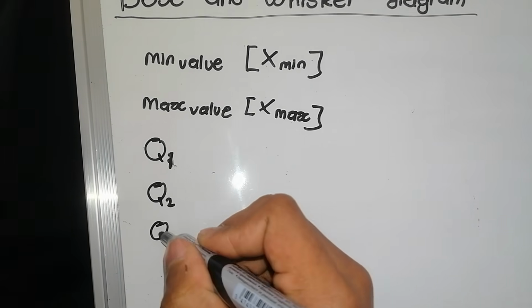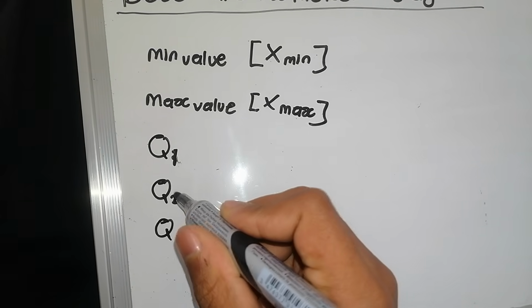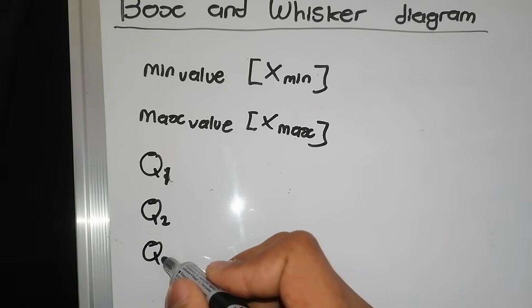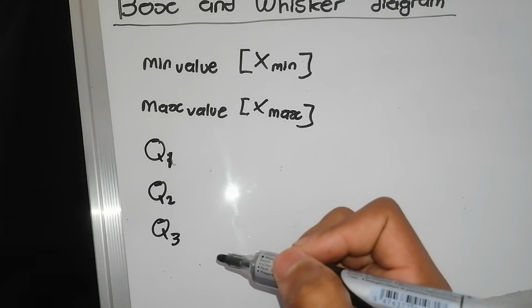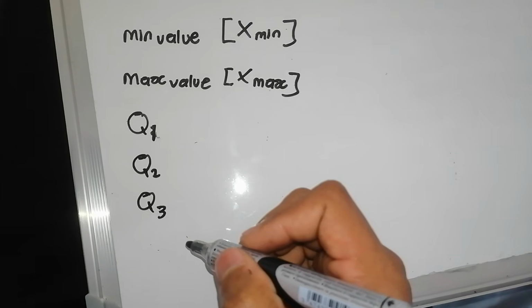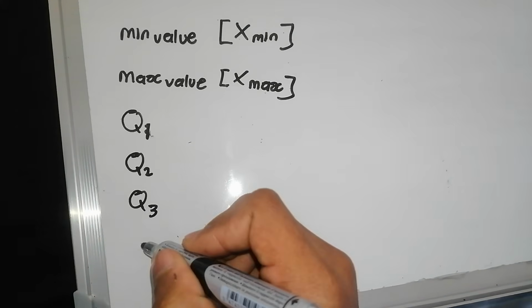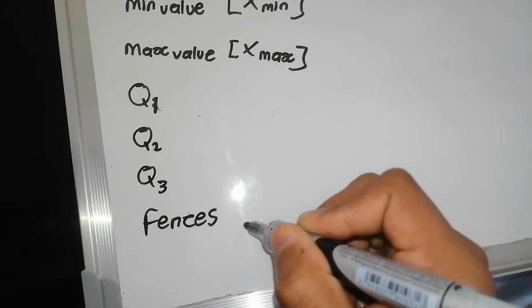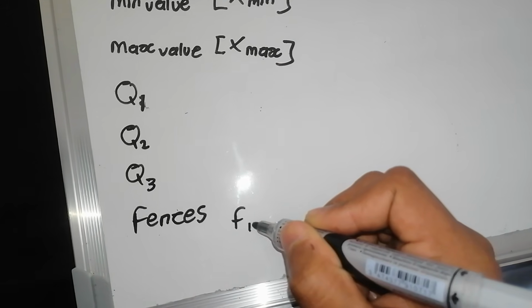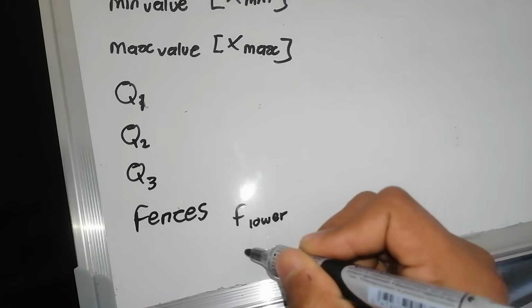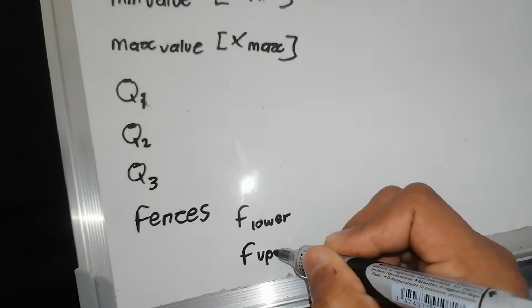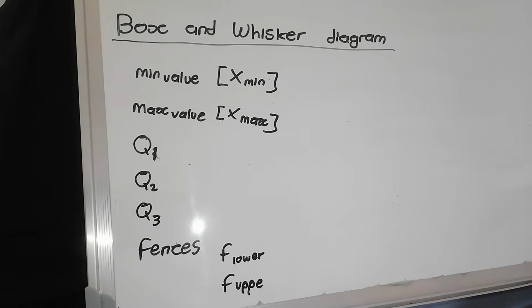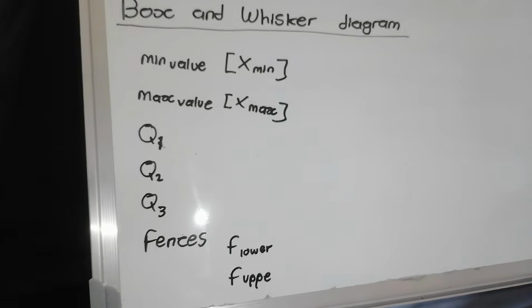And then you're going to need the fences, your fence lower and your fence upper. So this is everything you're going to need to plot the box and whisker diagram.